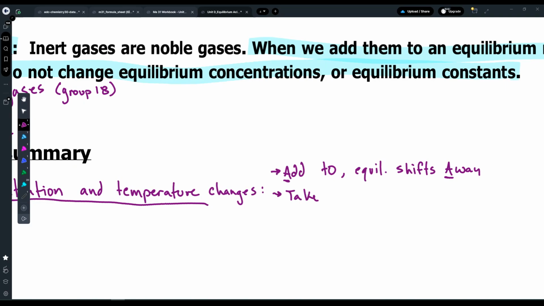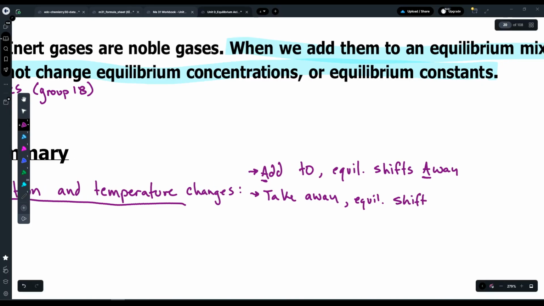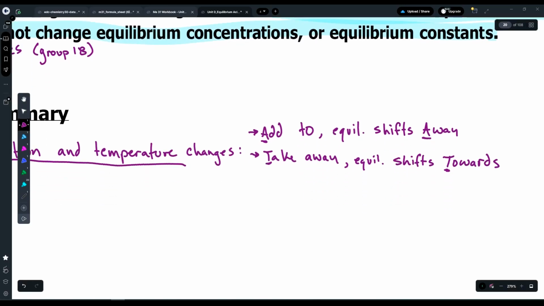Whereas if you take away, equilibrium shifts towards whatever you took away. Okay, and that's just because when you take away something, the equilibrium is trying to replace what it lost.